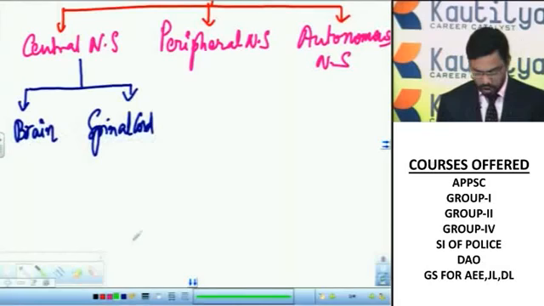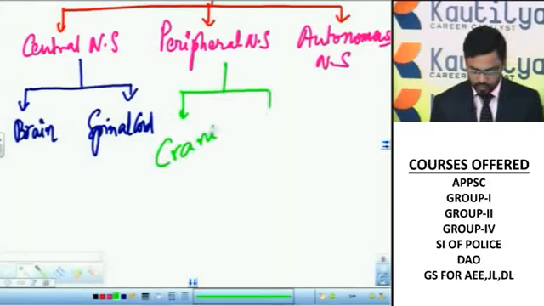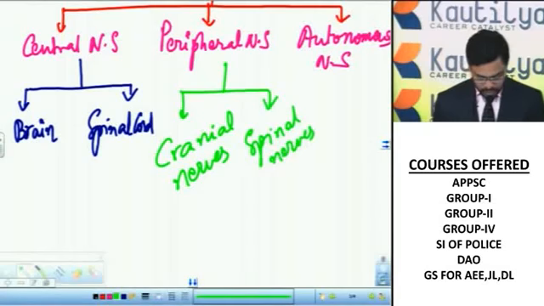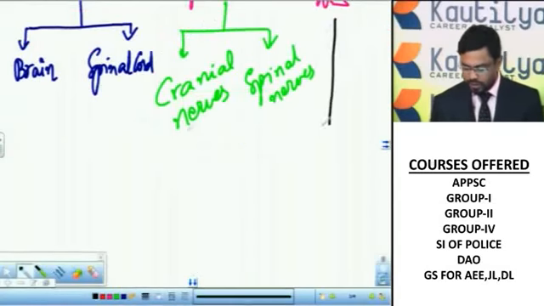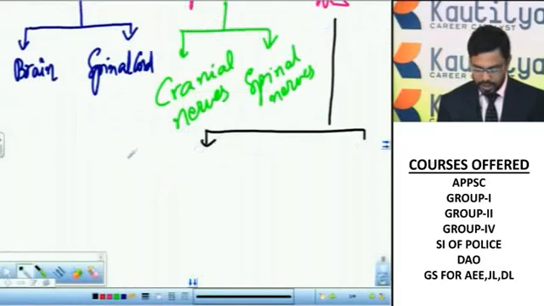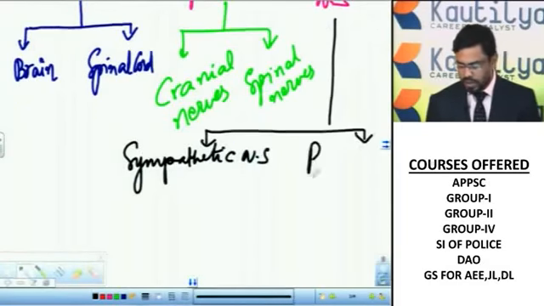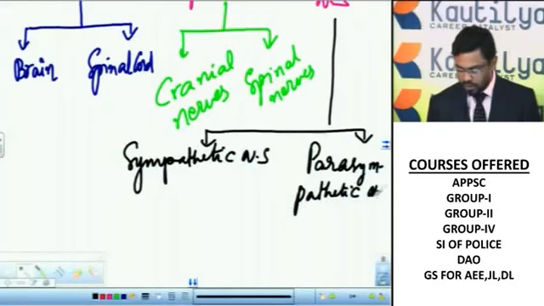The peripheral nervous system contains cranial nerves and spinal nerves, whereas the autonomous nervous system contains the sympathetic nervous system and parasympathetic nervous system.